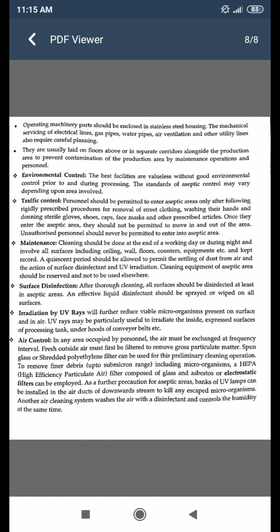Then cleaning equipment of the aseptic area should be reserved and not be used elsewhere. Okay, then surface disinfection. After thorough cleaning, all surfaces should be disinfected, at least in the aseptic area, and an effective liquid disinfectant should be sprayed on or wiped on all surfaces.